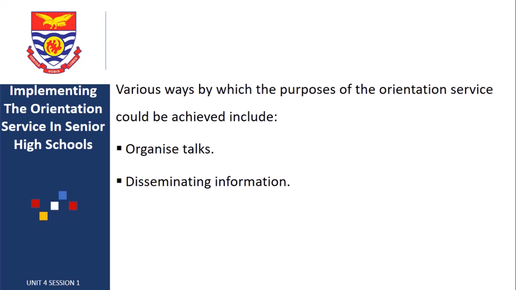Apart from that, you can also look at disseminating information. The type of information can be given on timetable, schedules of daily activities in the school, rules and regulations, and locations of some important and essential facilities on the school campus, to the students using notice boards.